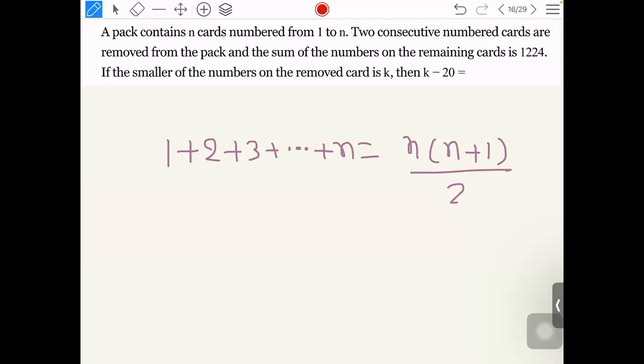A pack contain n cards numbered from 1 to n. That means 1 plus 2 plus 3, that will be the sum of the pages. No?